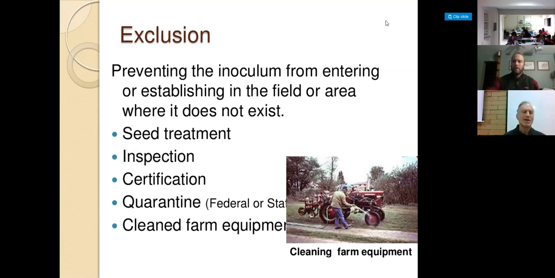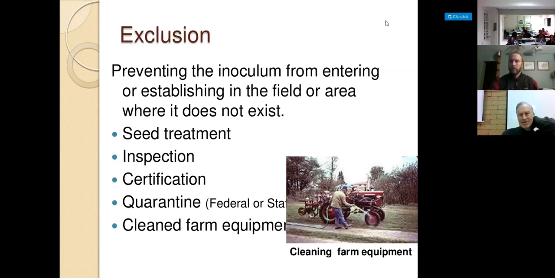For example, there are some bacterial diseases that can be transmitted in the seed, and you can subject the seed to a certain amount of heat for a certain length of time, and that will kill the bacteria without killing the seed. So that's a way to keep that bacteria from coming onto your farm.